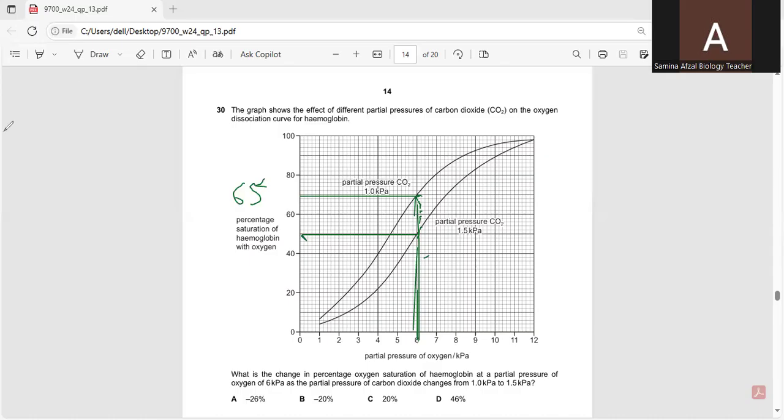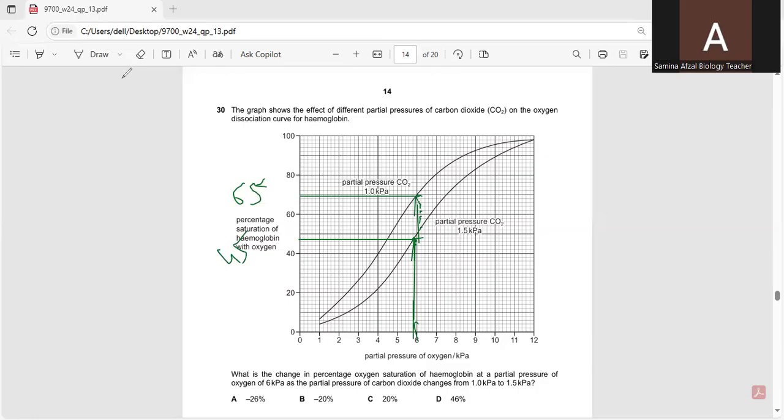Let me draw it again. It is less than this. It is very difficult to draw on screen, but it is about 45.